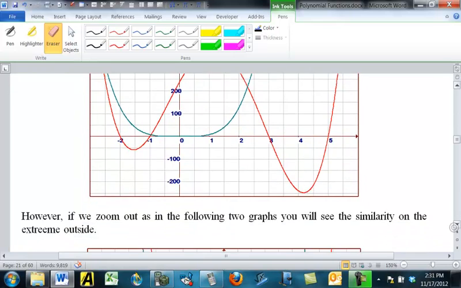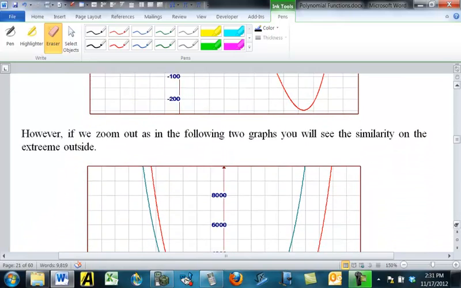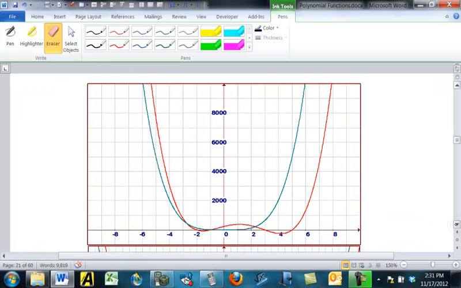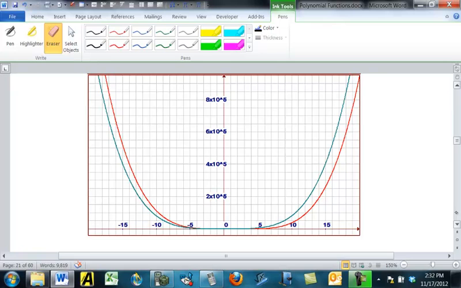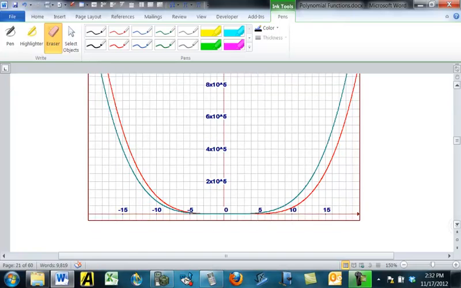But as we zoom out, then you see that on the ends, they look pretty similar. If we zoom out even further, definitely that similar kind of shape. So not only is it arrow up on the left and arrow up on the right, the basic shape, the basic rate of growth there is very similar to what it would be for 8x to the fourth.